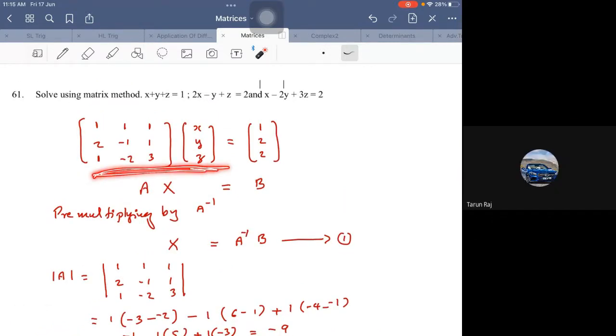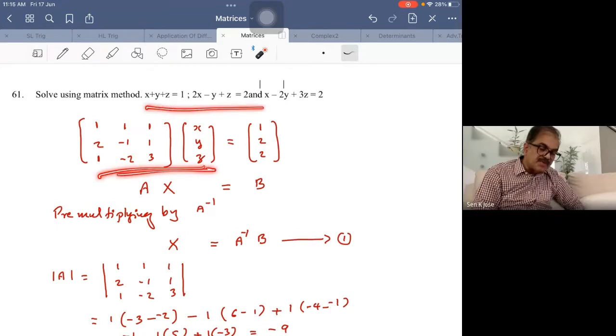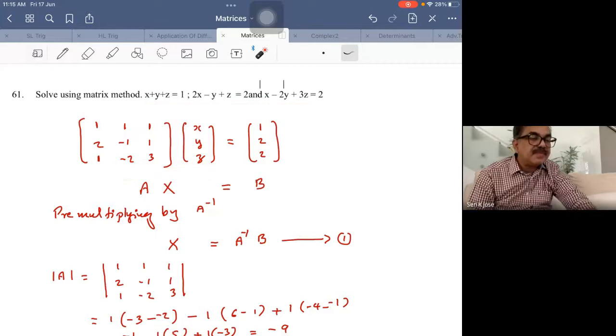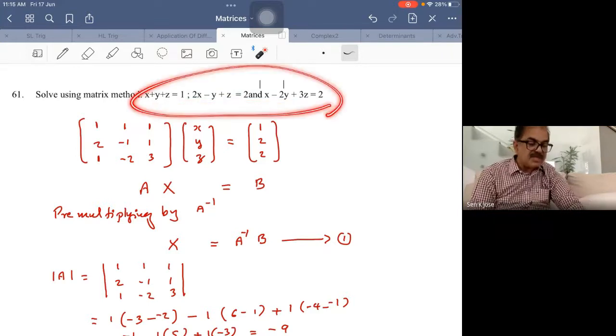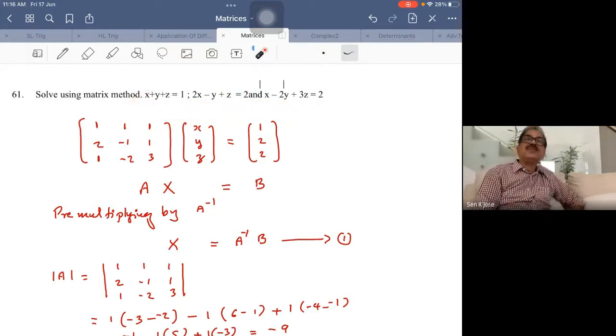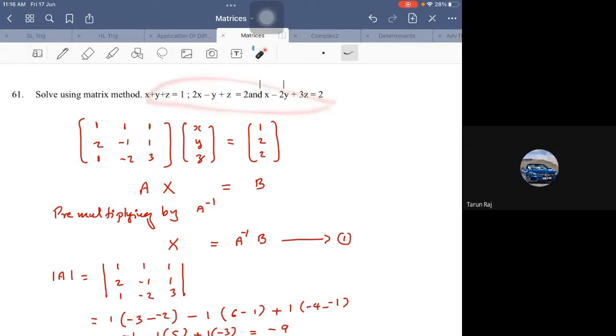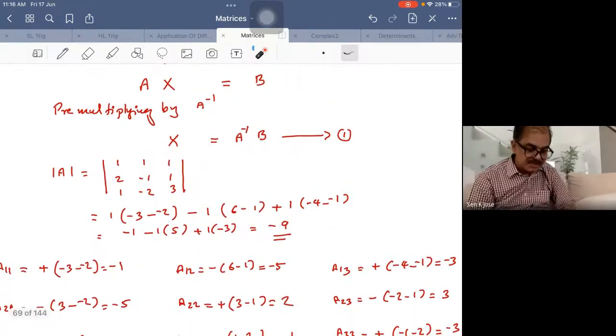Yes, sir. So we can do the matrix multiplication. Okay, you do the matrix multiplication, you only get the equations back. You will go back to the original question which is unsolved. You will have the three equations back with you, but you won't have X, Y, and Z. Okay, sir. Yeah, I understand. You have to use the A inverse concept.